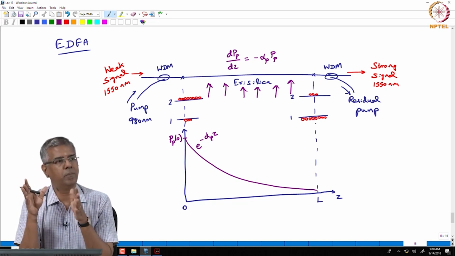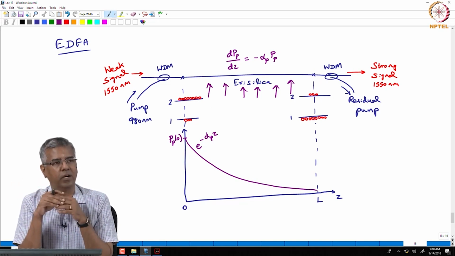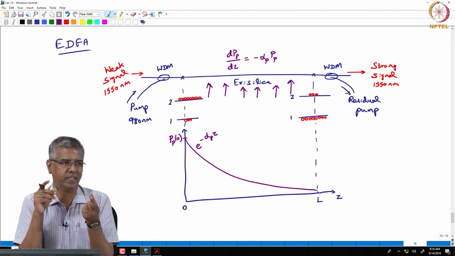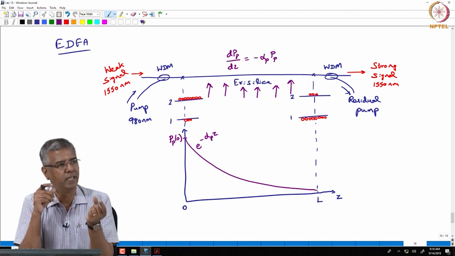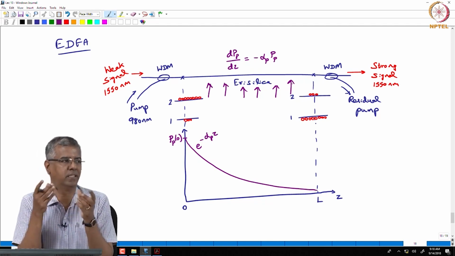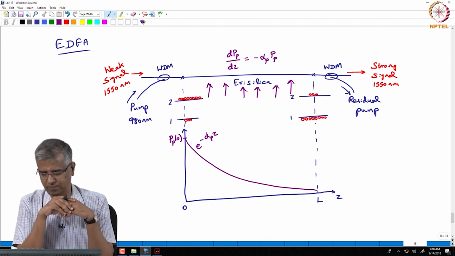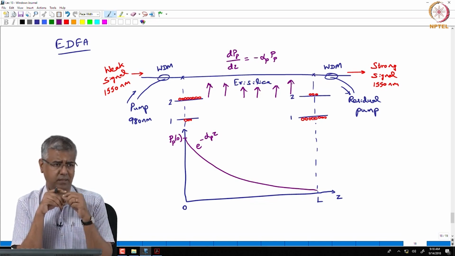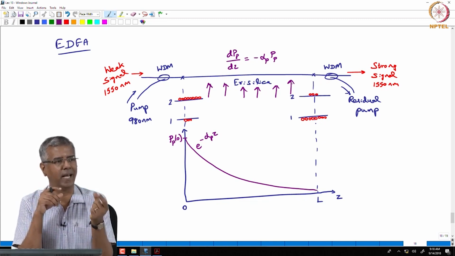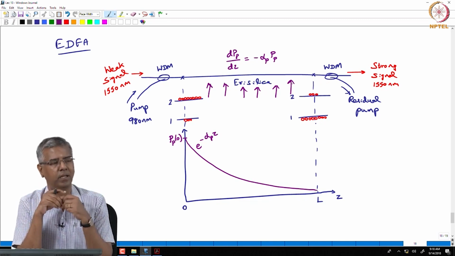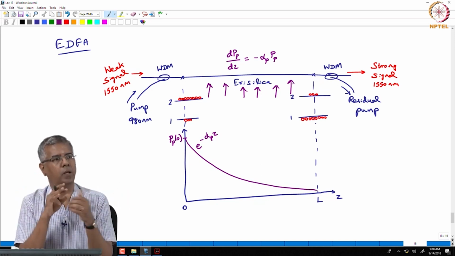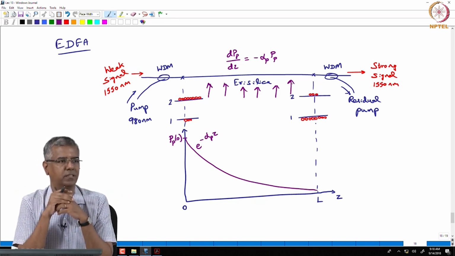Now, the situation may be very different if you are talking about some erbium crystal, erbium doped into a glass crystal, a bulk glass. You can probably have a cylindrical glass rod, for example, in which this rare earth ion is doped, and you can excite it from the sides.